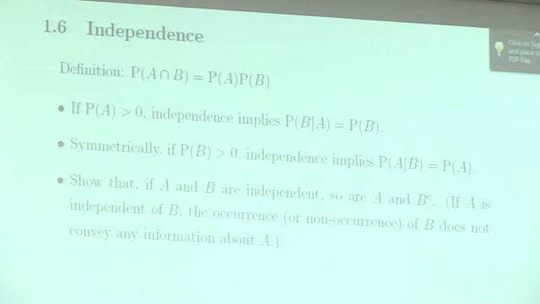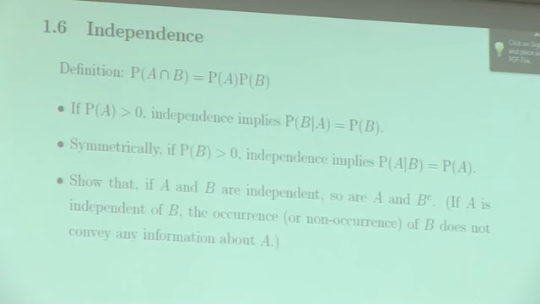Okay? You can show that if the probability of A is different from 0, then A and B being independent implies that the probability of B given A is equal to the probability of B. How would you show this? Let me do this quickly.